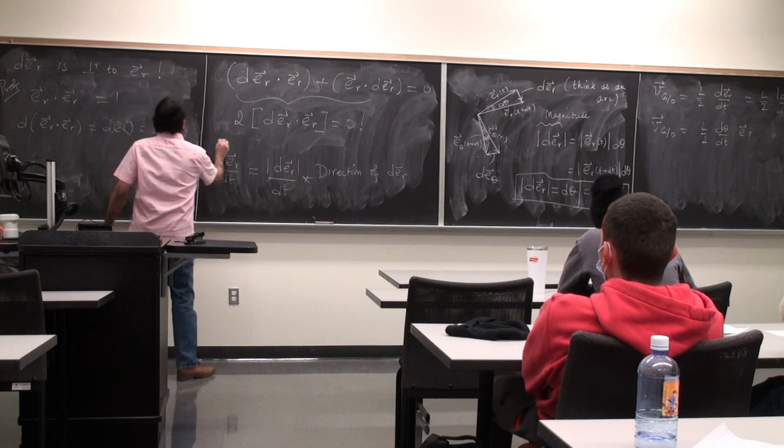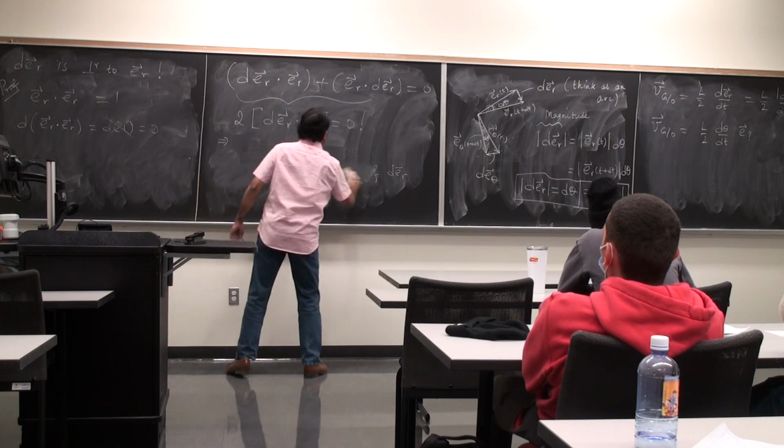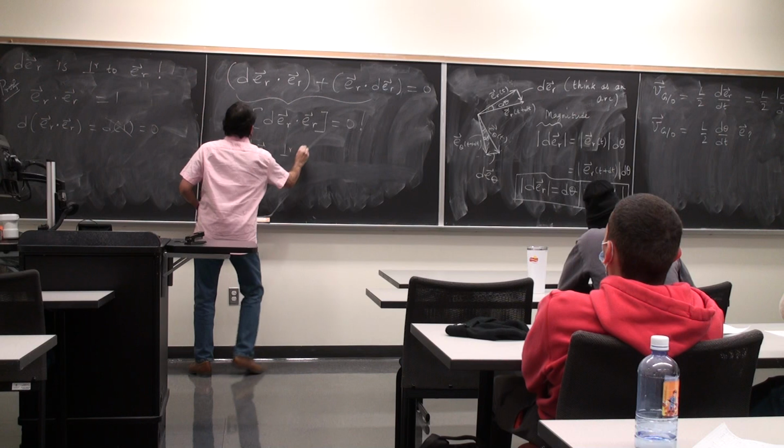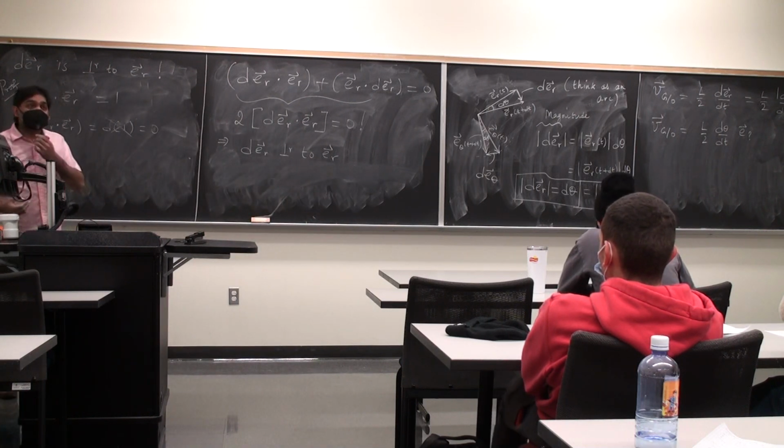So d er is perpendicular to er. By the same token, d e theta is perpendicular to e theta.